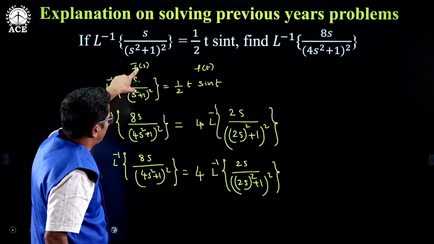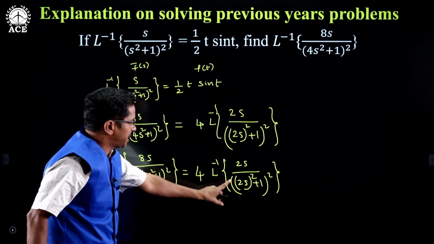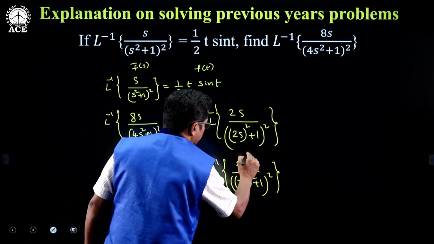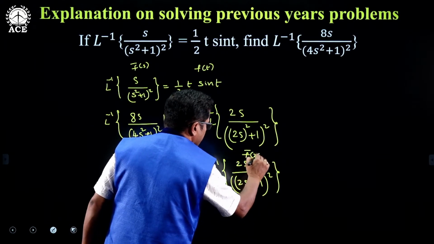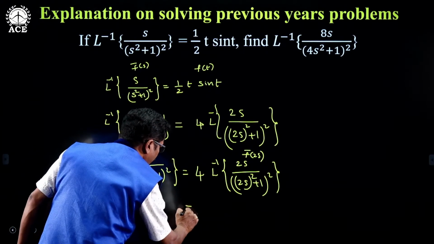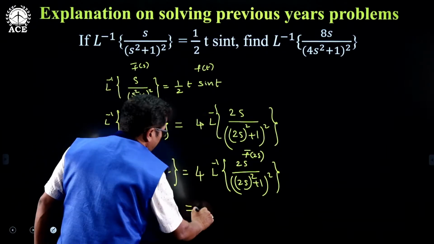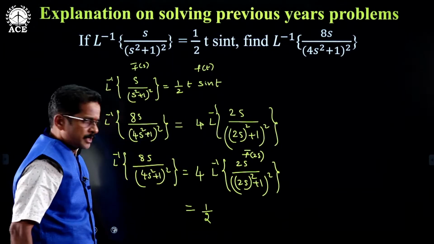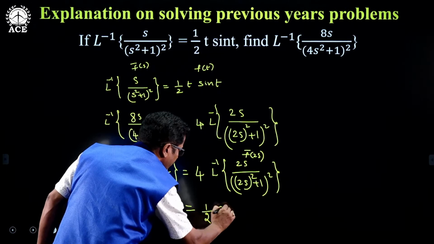In the place of f bar of s we are having f bar of 2s. So in case of f bar of 2s, we have the form 1 by a, that is 1 by 2, f of t by a.